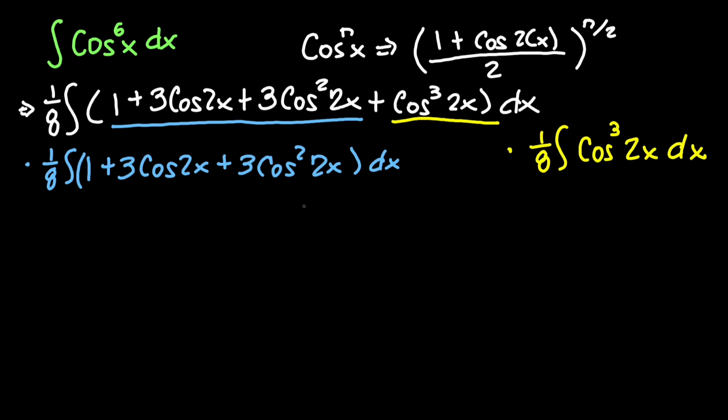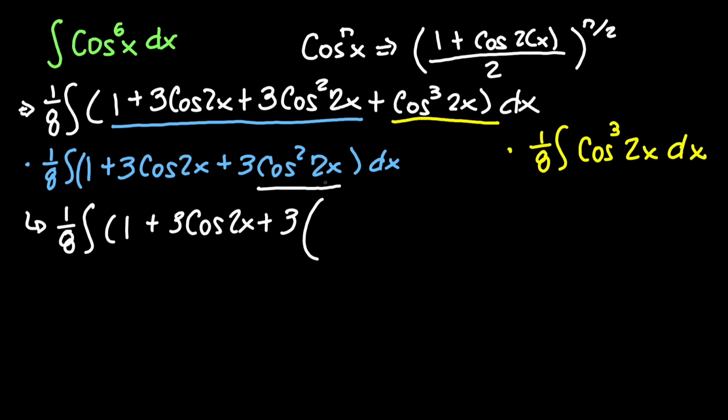So, let us focus now on this first part right here. As you can see, we have an expression of cosine with an even power, and so this rule applies to this one also. So we can rewrite this plus 3 cosine squared of 2x, transforming it into 1 plus cosine twice of x over 2.